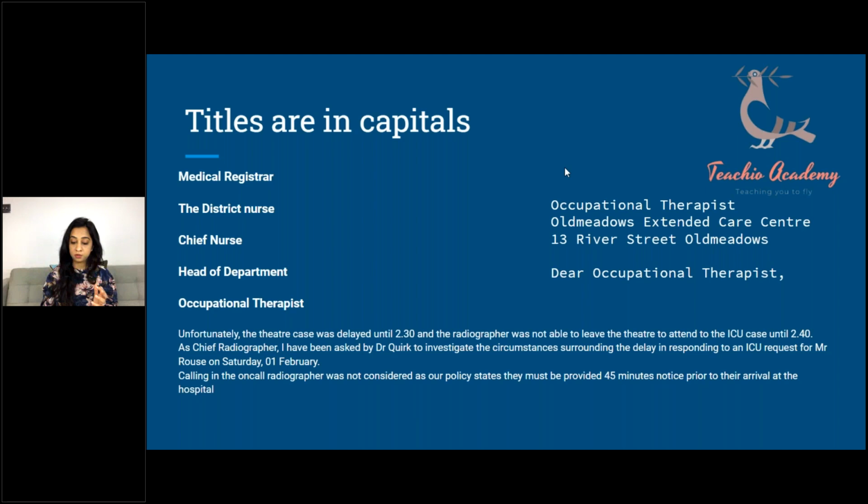All the words in an address have to be capitals. When you're writing to someone in particular who holds that designation, then that has to be capital. So, dear occupational therapist, dear medical registrar, dear chief nurse, everything is going to start with a capital letter.